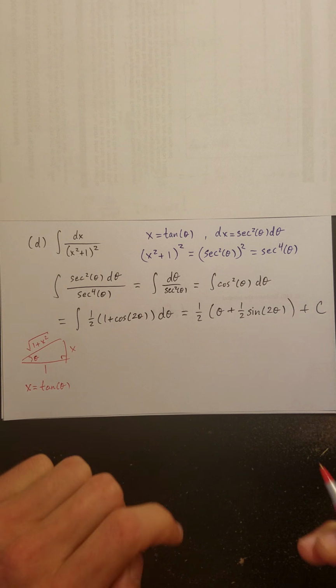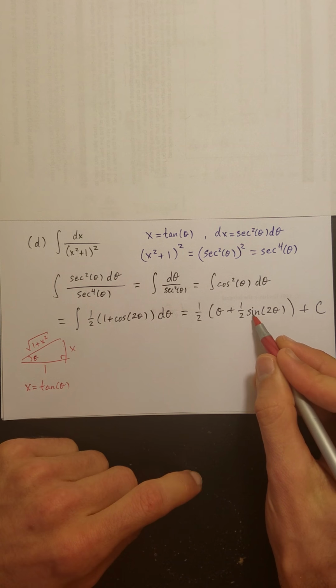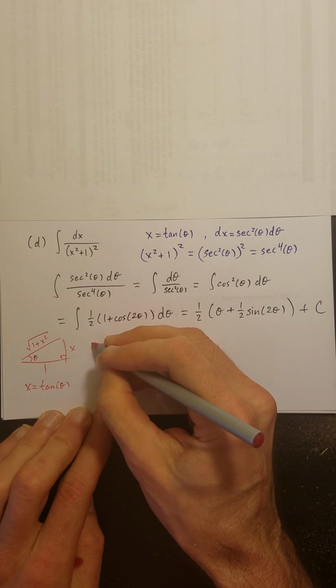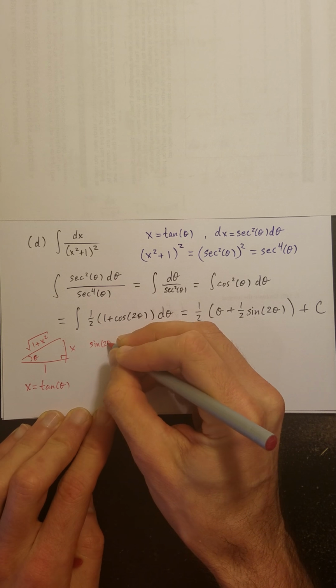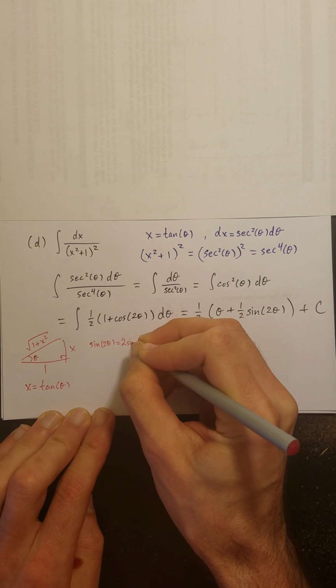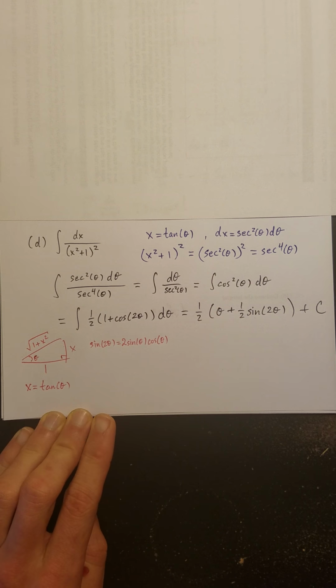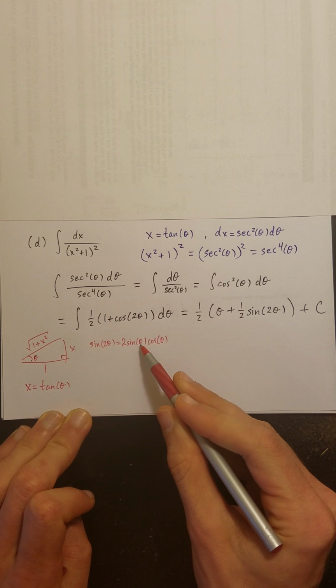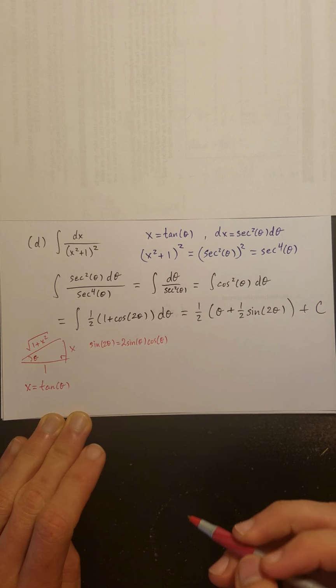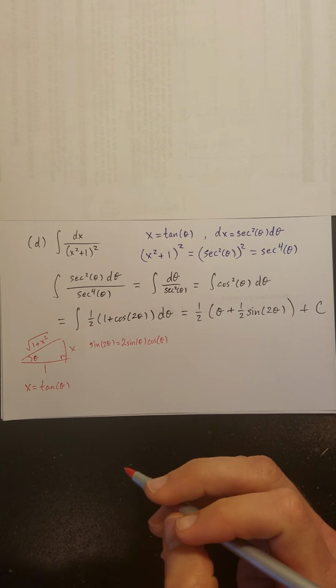Now we need to figure out what sine of 2 theta is equal to. I'll simplify all this stuff in red down here, and then we'll go ahead and plug it in at the end. We know that sine 2 theta is equal to 2 sine theta cosine theta. The reason that I need to use that is because this picture is only good for the angle theta. It's not good for the angle 2 theta. This 2 is obviously going to cancel with this 1/2, so I really won't worry about that.